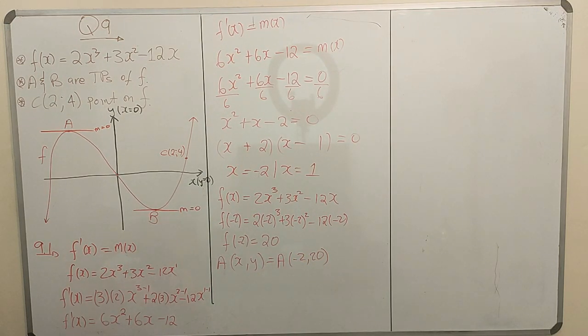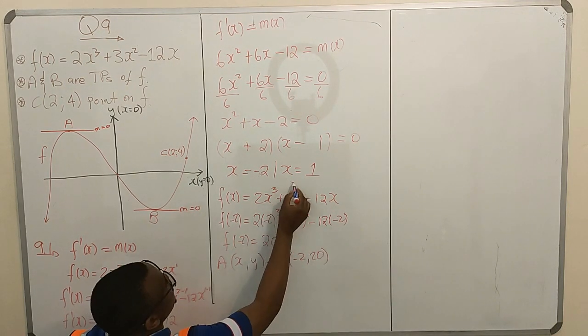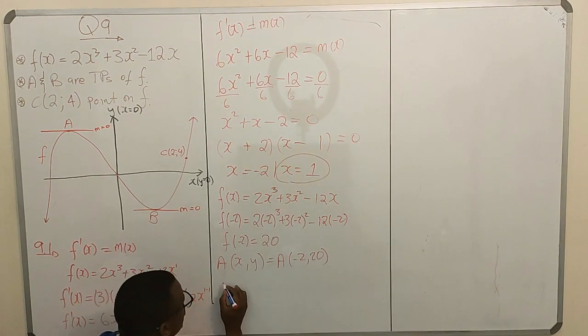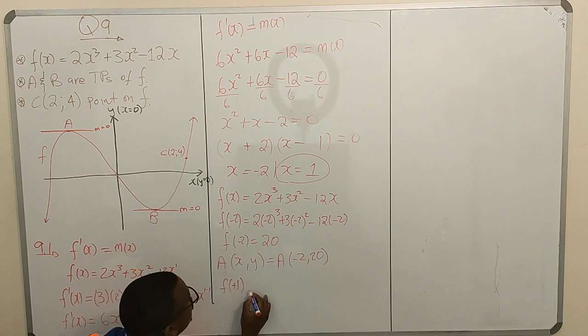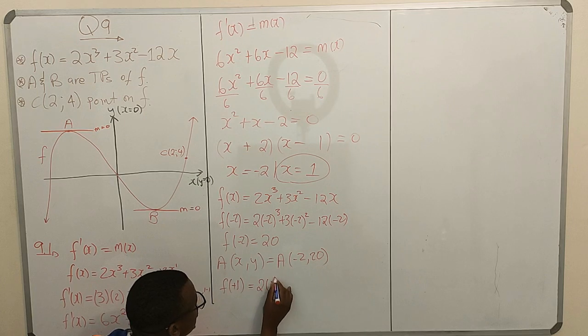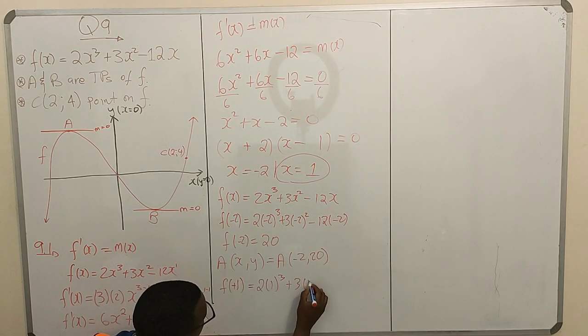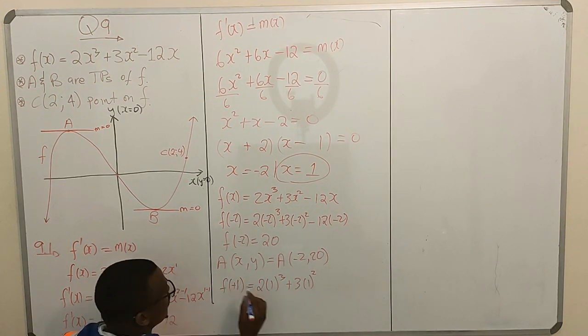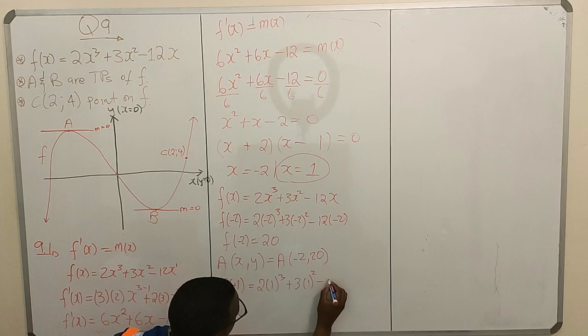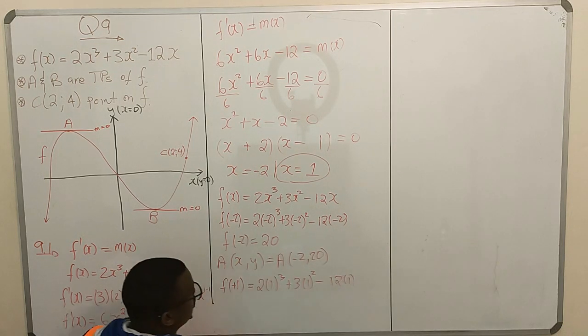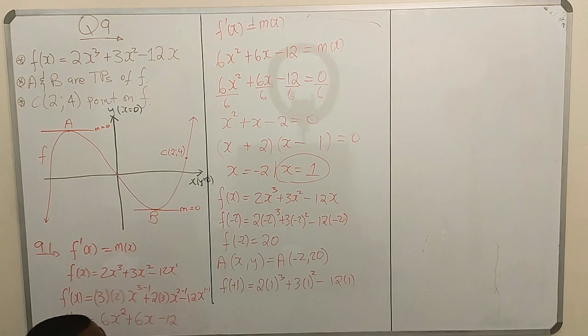So now we want the coordinates of B. We do the same thing. We know our x at B is equal to 1. So we're going to find f at 1, which is equal to 2 into 1 cubed, plus 3 into 1 squared, minus 12 into 1. So what do we have?